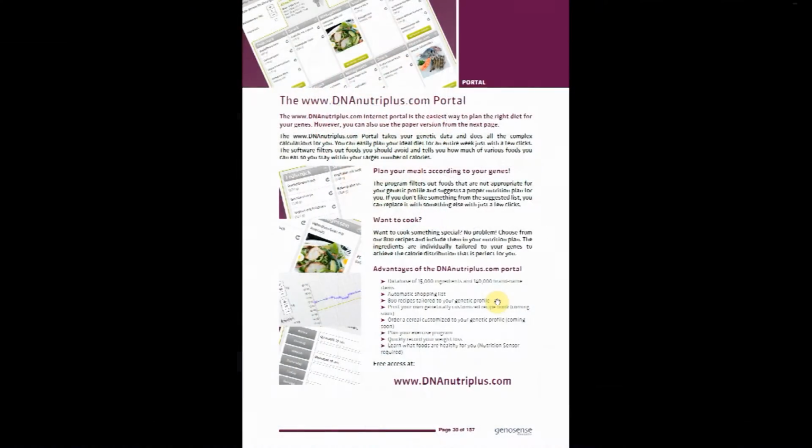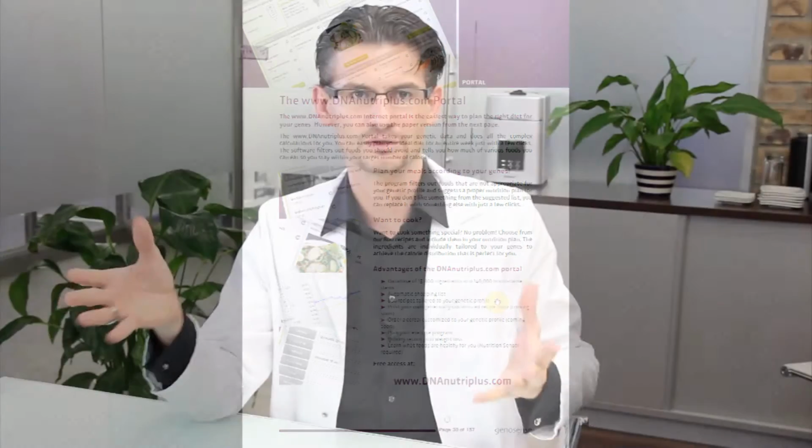And this is something that I've explained before for the ones that want to gain weight. This portal allows you to log in with your genetic results, and it will then generate a random menu, kind of like the one that you see here, a random menu with random amounts. And then you can say, it says tuna, I don't like tuna. And you can just throw it away. You grab it and throw it outside.